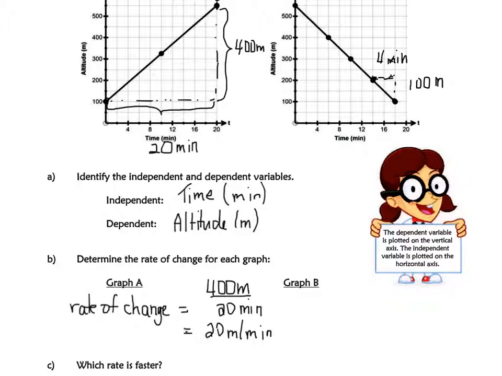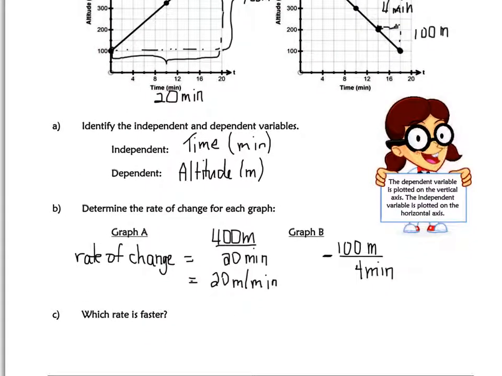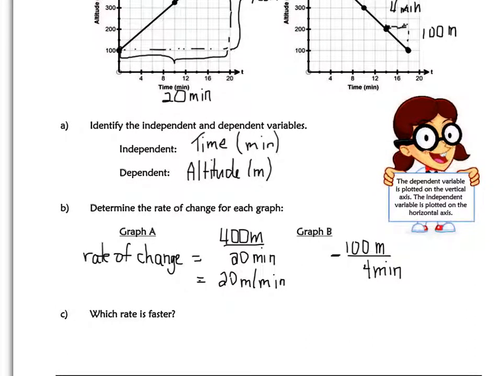So that would be a rate of change of 100 meters over 4 minutes. But if you look at this particular graph, the altitude is going down as we move forward in time. So as we move to the right, it's going down. So this would be a negative rate of change, so that would be negative 25 meters per minute.